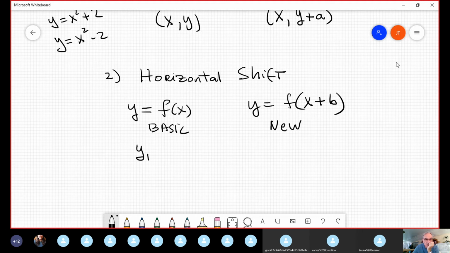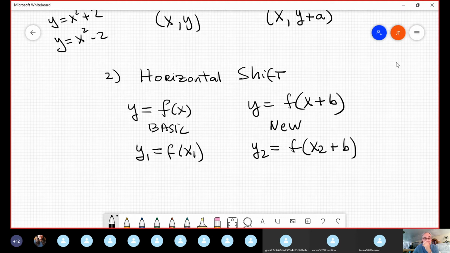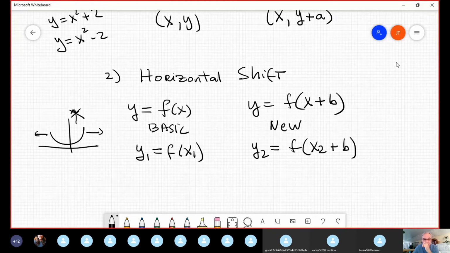I call one point y1 and this is x1. And the new one, I call y2, and this is x2 plus b. In that. Entonces, in order to compare the points, I know that the motion is horizontal, in that direction. Never vertical.